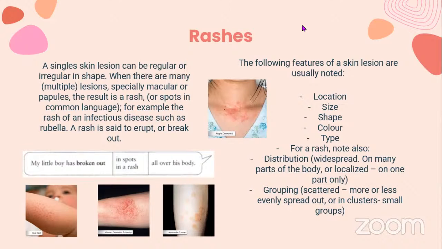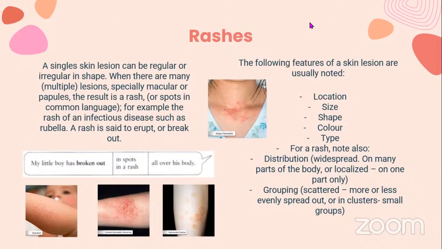So let's do it again. A single skin lesion can be regular or irregular in shape. When there are many or multiple lesions, especially macules or papules, the result is a rash or a spot in common language. For example, the rash of an infectious disease, such as rubella. A rash is said to erupt or break out.